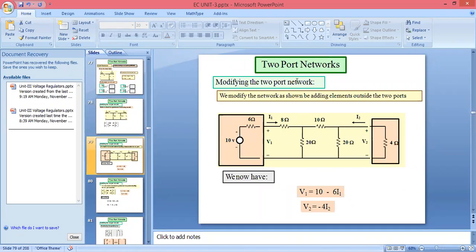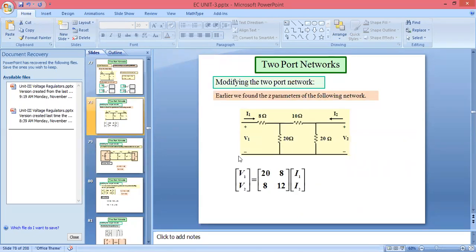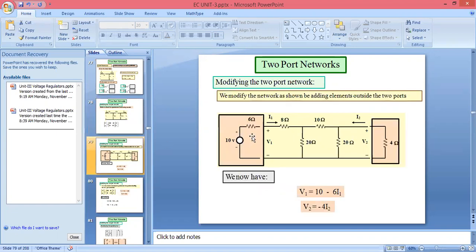If we are modifying that network by giving the batteries, if they have given the V1 and V2 values, we can take that value and you will get these equations.